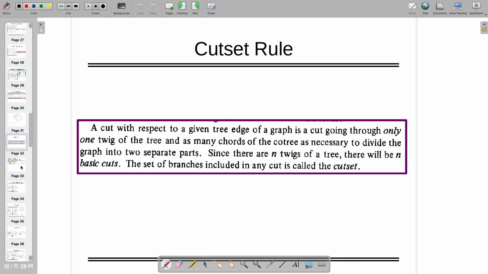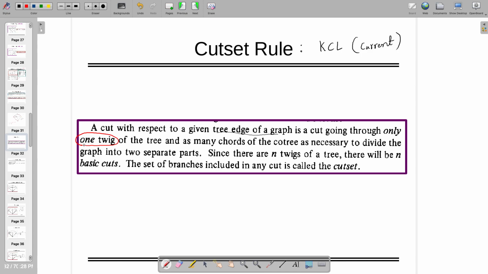Whenever we want to make a cut set, let me remind you one more time, it's KCL, it's a current based thing. The same thing can be written in terms of voltage. If it is going to be written in voltage, it's actually going to be loop set. In cut set, a cut with respect to a given tree edge of a graph is cut through only one twig.